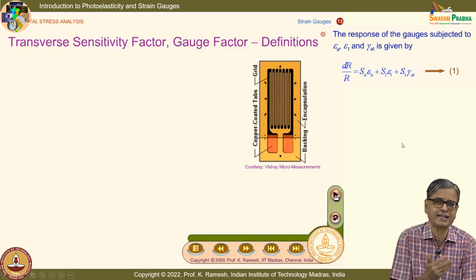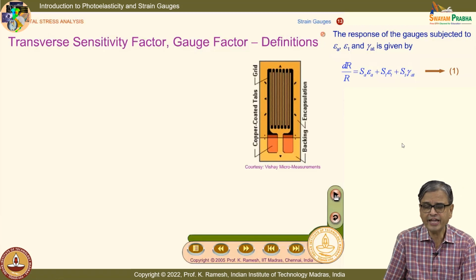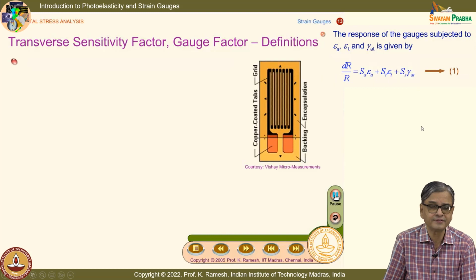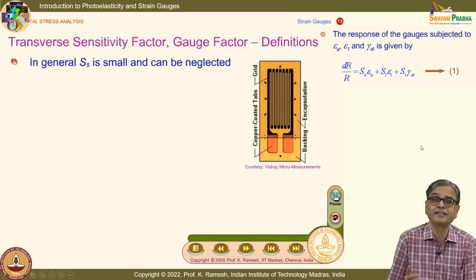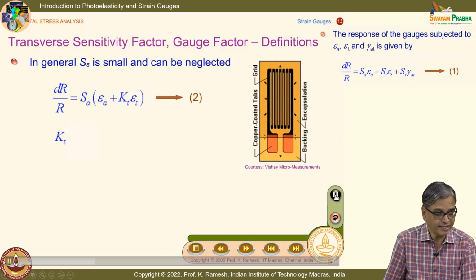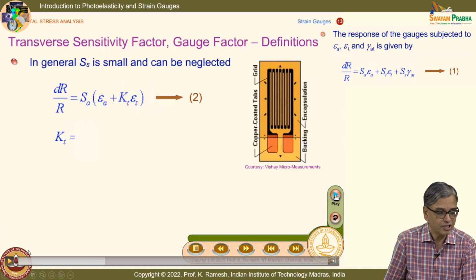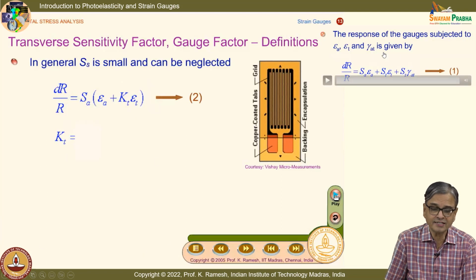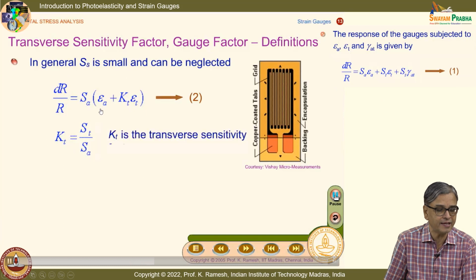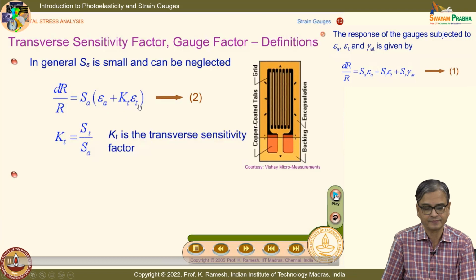But because of the way I construct the gauge, I can neglect the effect of shear strain, but I cannot neglect the effect of transverse strain in critical applications. So this expression is simplified to delta R by R equals S_A multiplied by epsilon A plus K_T into epsilon T.